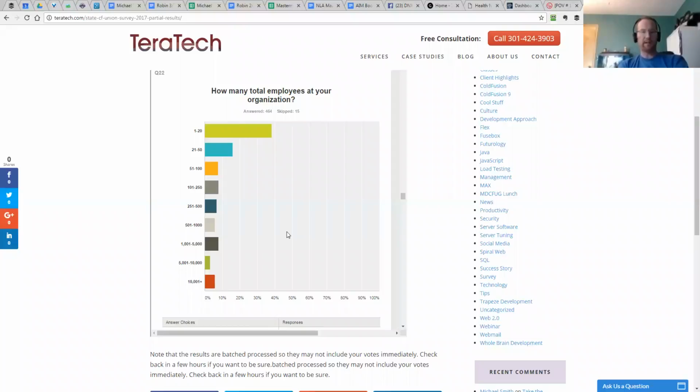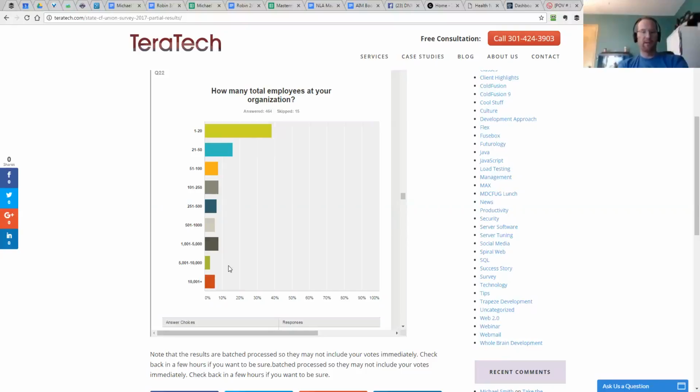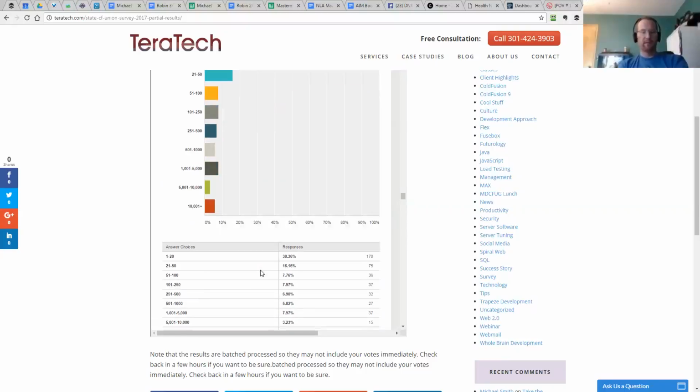I think that's kind of cool, because we talk about how ColdFusion is still prevalent in government and the financial sector. Well, this is either Fortune 100 or government, right? This 10,000 plus. Yeah, I'm guessing most of those people who did 10,000 plus probably are part of some government or a small handful of companies. Yeah.